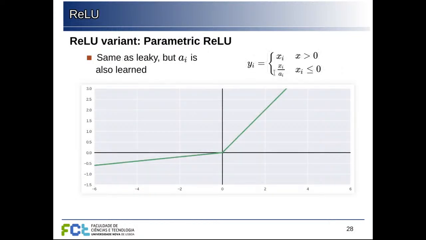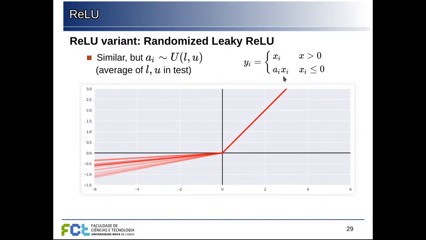The parametric ReLU is similar to leaky ReLU, but this is a learned parameter. During training, this alpha can be adjusted. Then we have others, like the randomized leaky ReLU, for each example that is presented to the network. Each time we activate the neuron, this alpha is drawn at random from some uniform distribution between a lower and an upper value.